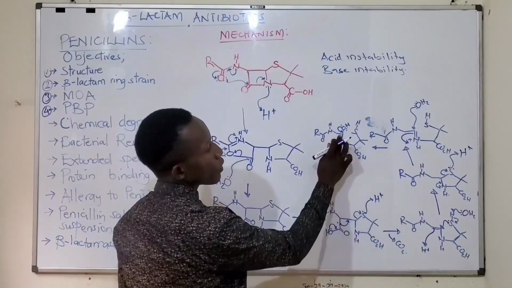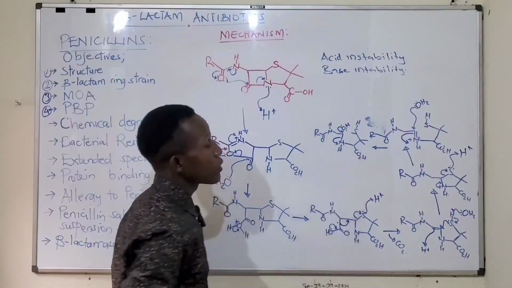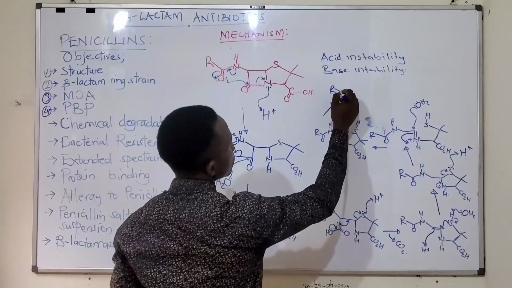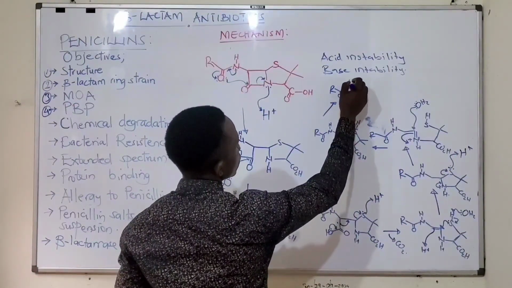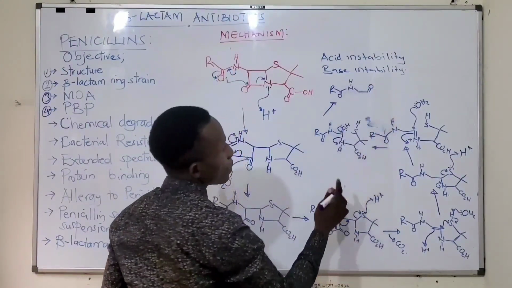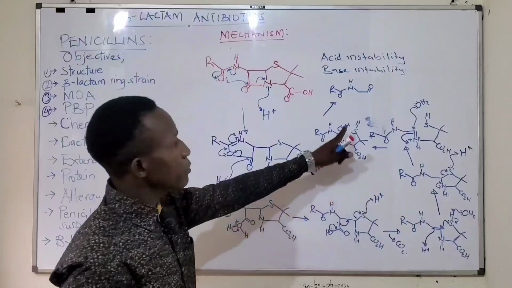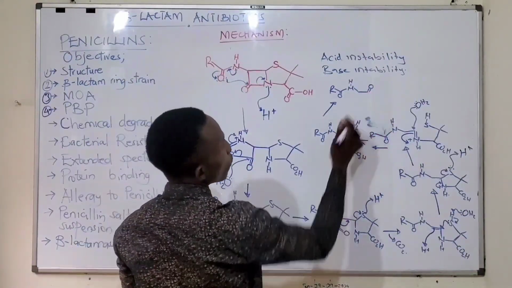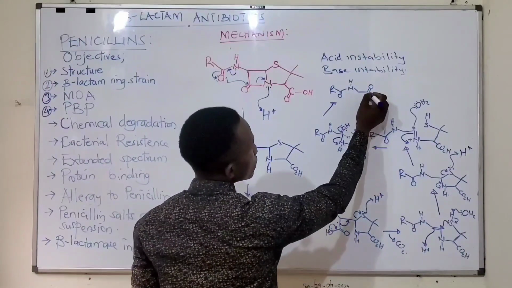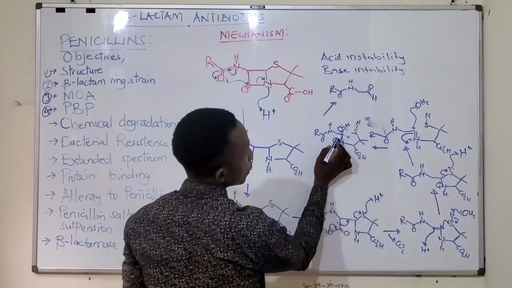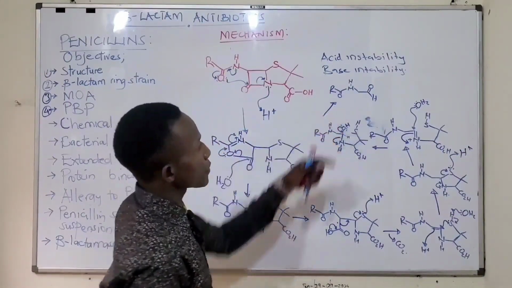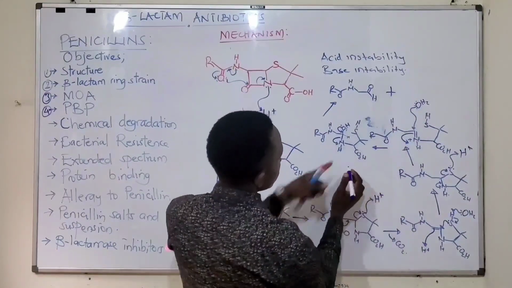When it forms a bond, this one will have excess, so this one will go. So we shall have R with NH. Then this one, there is O. This hydrogen will be taken by water again, so we shall have O. Then this silent hydrogen here, which is not shown, is the one which is here now. This is the penicillaldehyde.